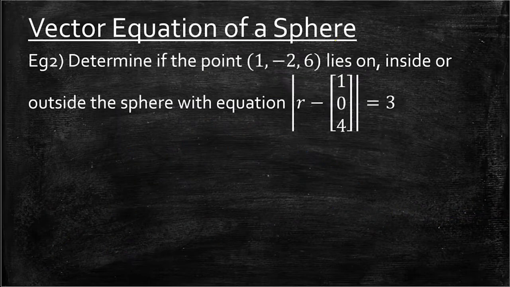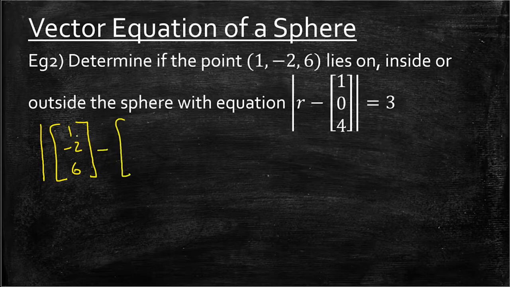Alright, question 2. Determine if the point 1, negative 2, 6 lies on, inside, or outside the sphere with equation modulus of R minus (1, 0, 4) equals 3. So we know that this sphere has a radius of 3. Our 1, negative 2, 6 is the R value.